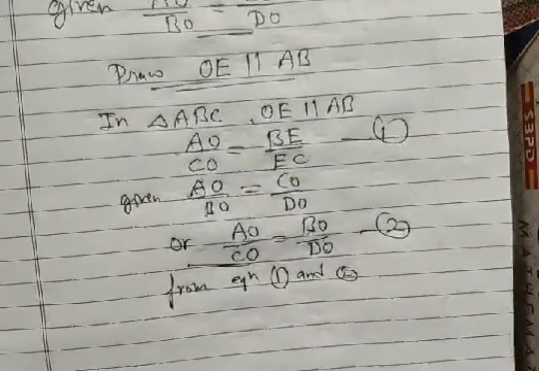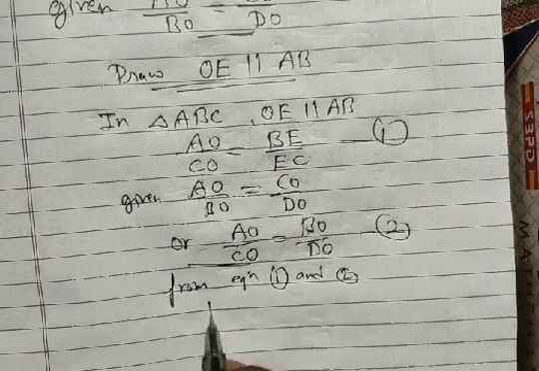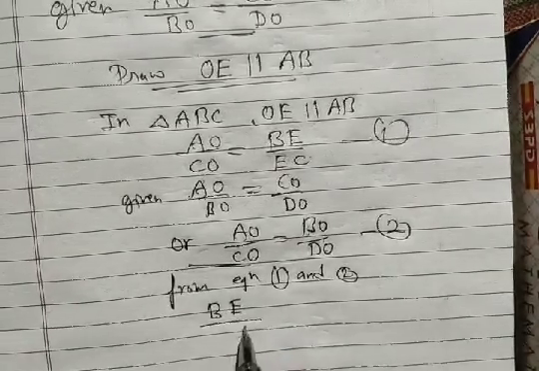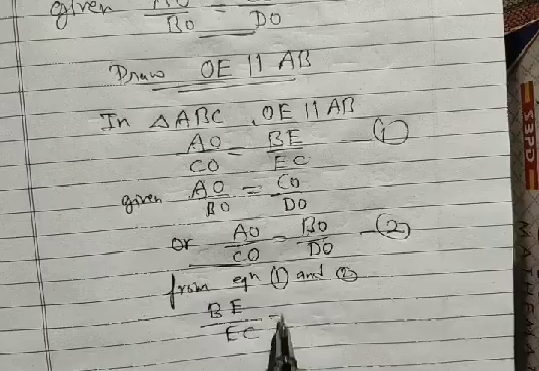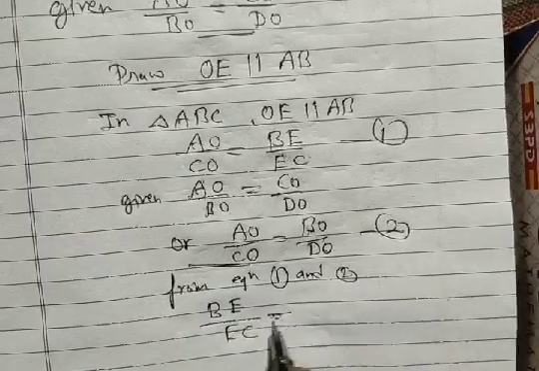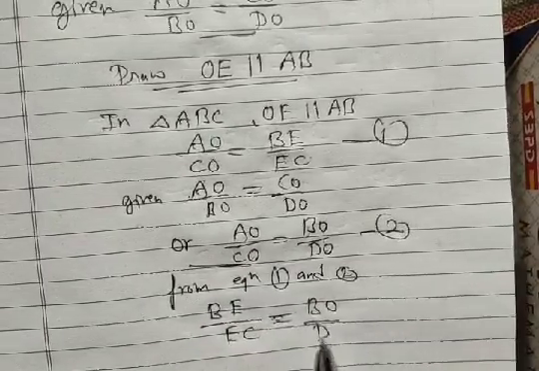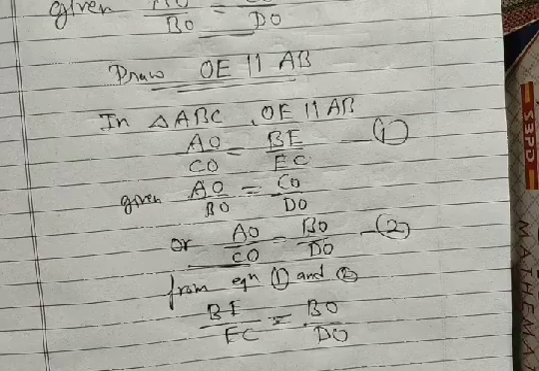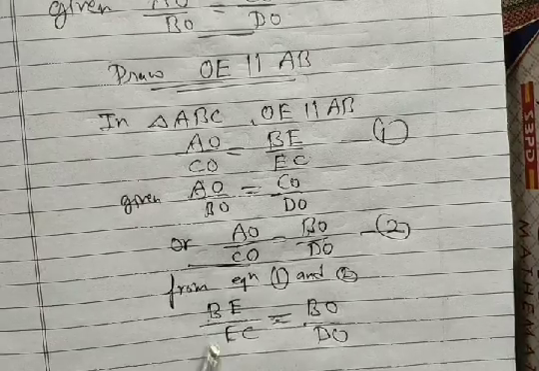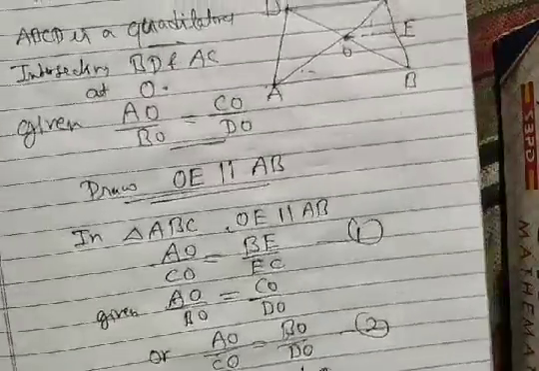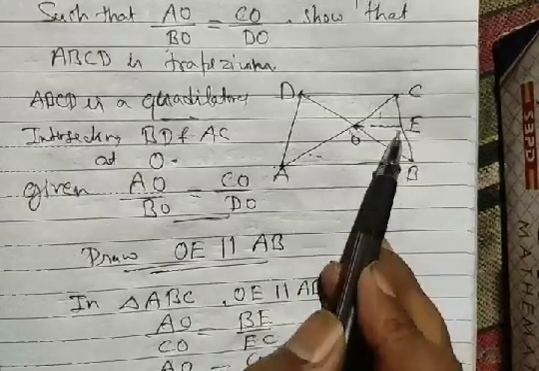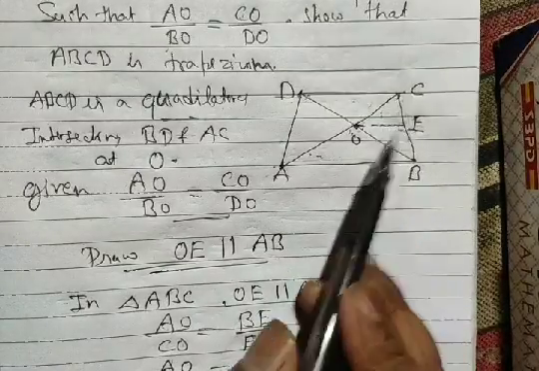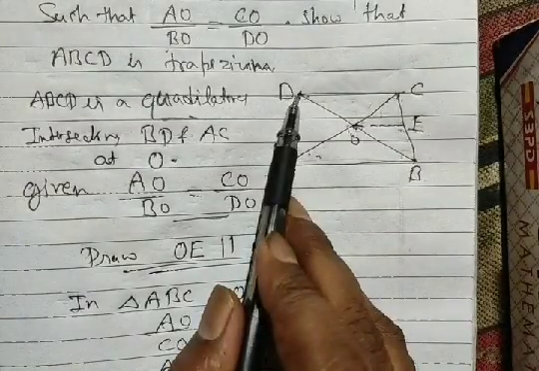So from equations 1 and 2, we have BE is to EC equal to BO is to DO.